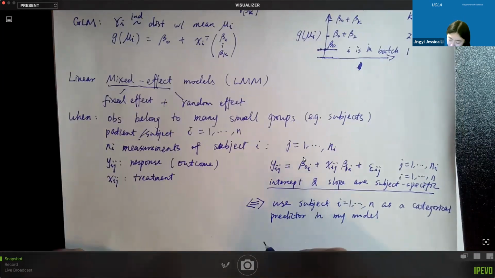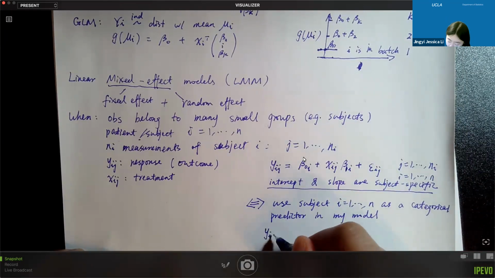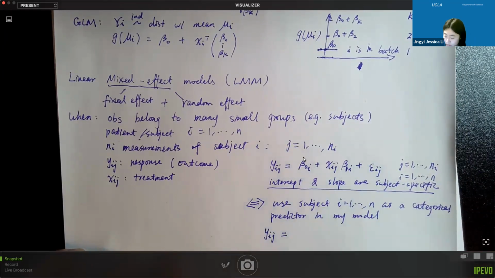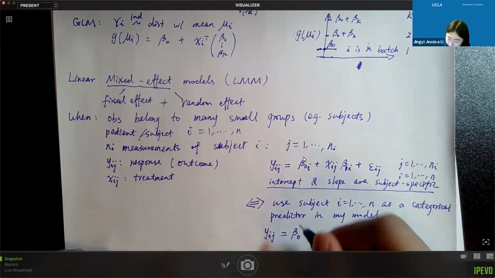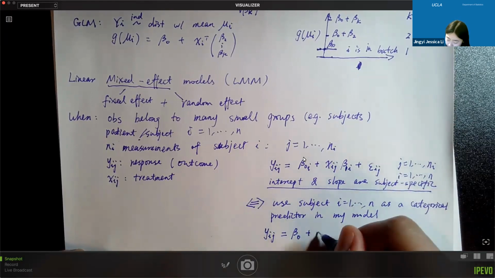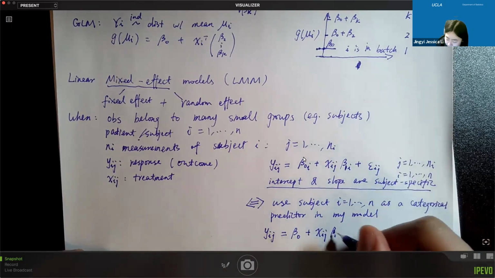So this is equivalent to this model, that is Yij equals a common intercept, I call beta 0, and a common slope, I call it beta 1 here. And that also includes the subject.